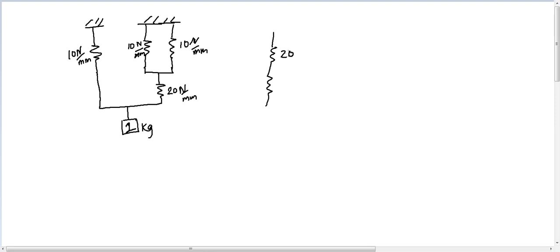Here is our 20 and here is our 20. So the equivalent stiffness in case of series is k1 k2 by k1 plus k2. Here both are same, so it is k square by 2k, which is k by 2, which is 20 by 2, which is 10 newton per mm.